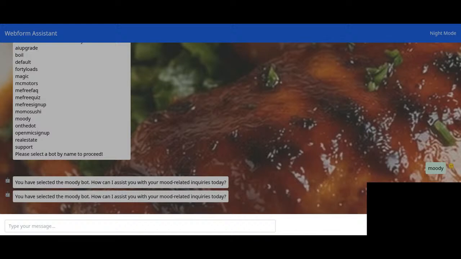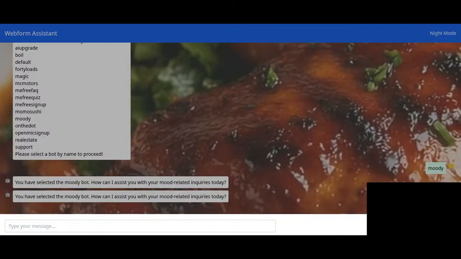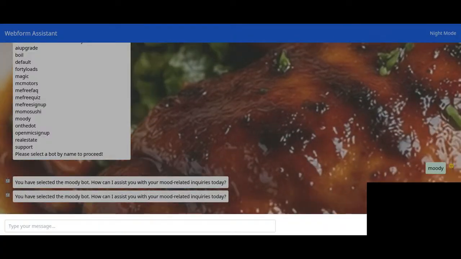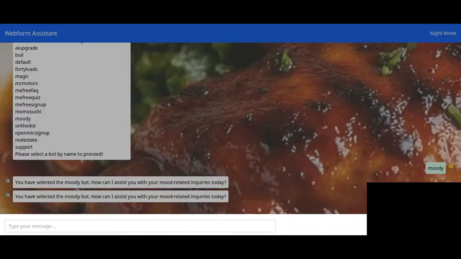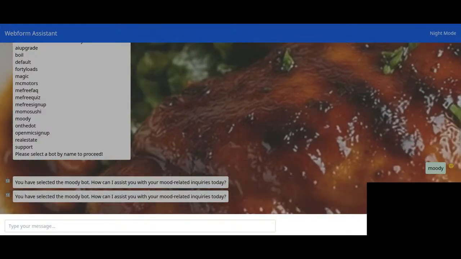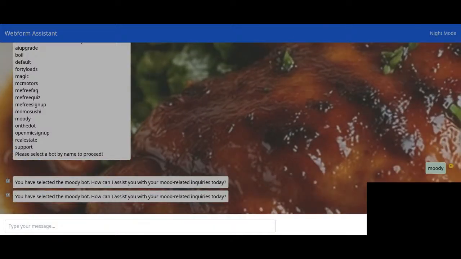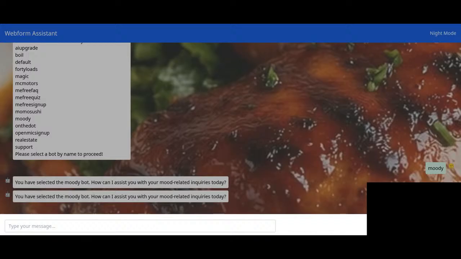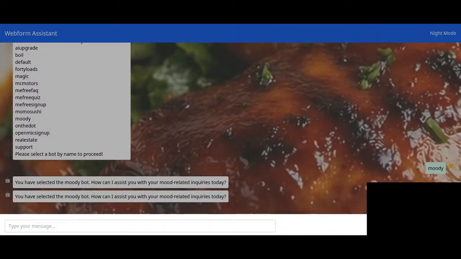So I need to find where the switching mechanism exists in these files. And then how do I expand on it so that it switches a schema and so that it switches the parser? Because right now all it switches is a system prompt.